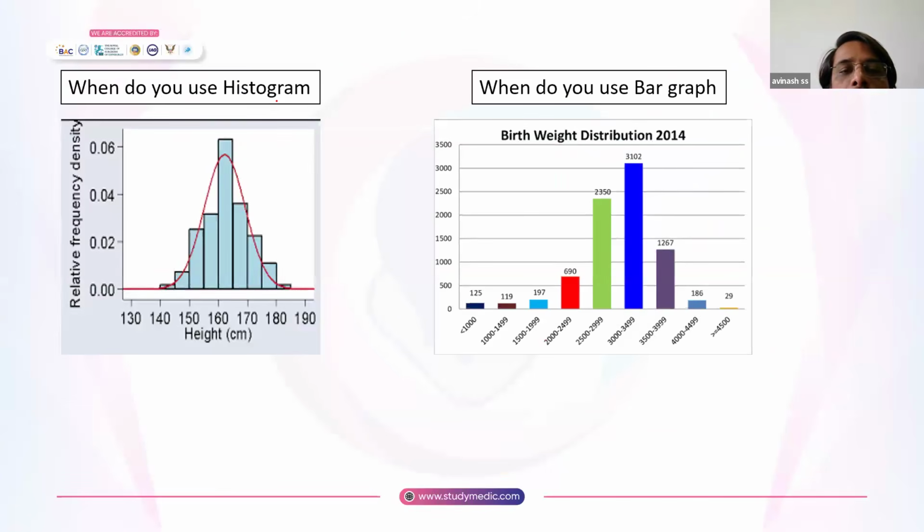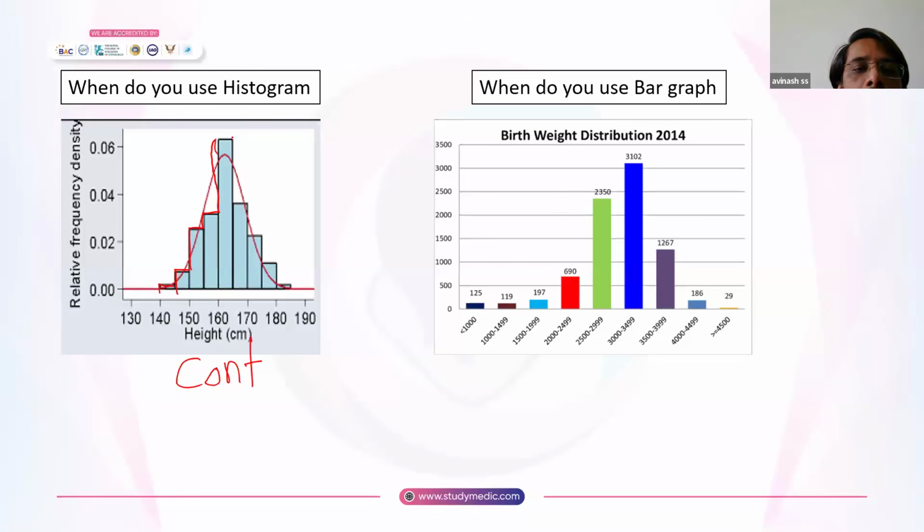Now coming to visual representations, you can see how we can represent them in a graph. Height is a continuous variable, so you can divide how many people between 140 to 150, 10%, how many between 145 to 150, 15%, 20%, 30%.